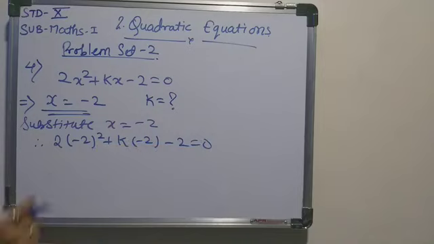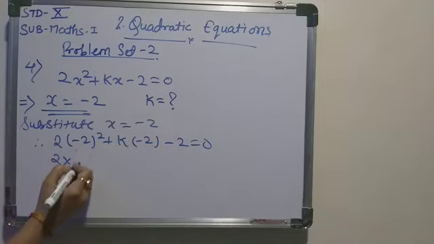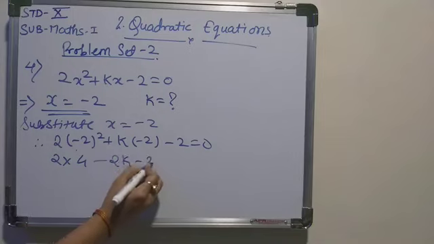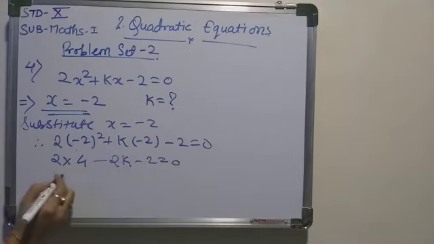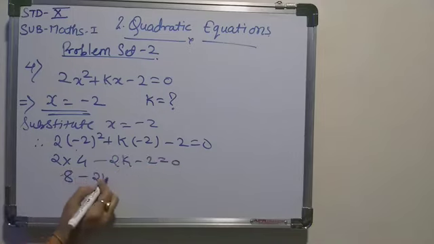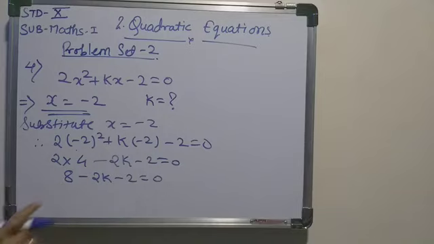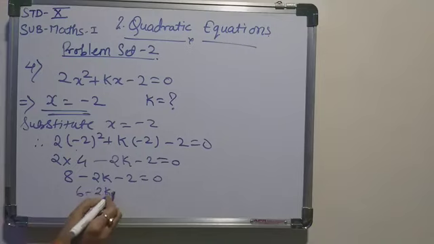2 into minus 2 square is 4, 4 2s are 8. So 8 minus 2k minus 2 equals 0. 8 minus 2 is 6, so you will get 6 minus 2k equals 0.